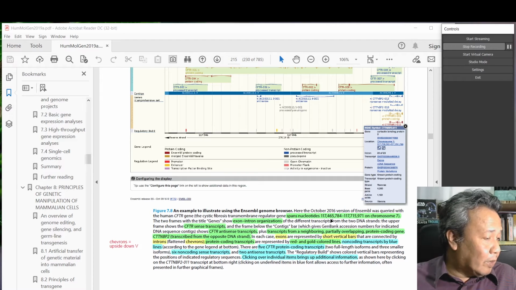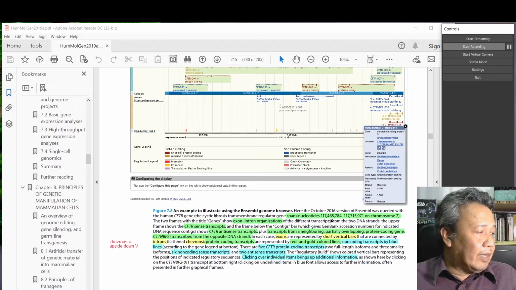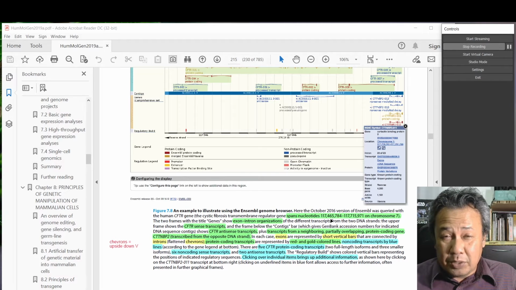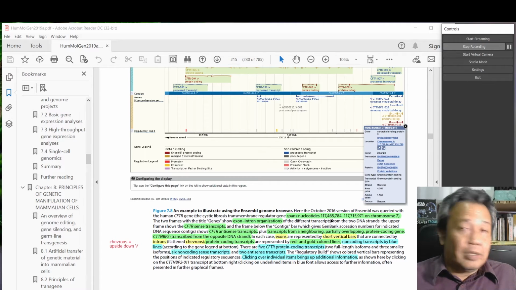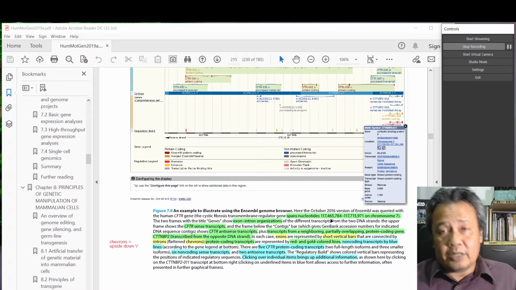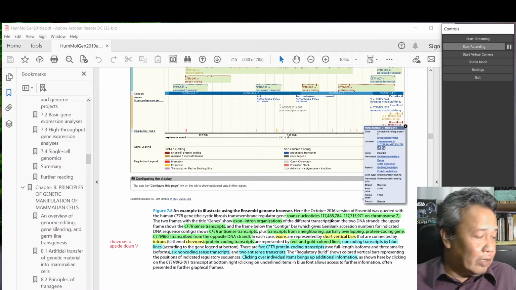And look, what they also have now is that each gene has the sense transcript, which is the mRNA, and then it also has the antisense transcript, which presumably does a regulatory function.